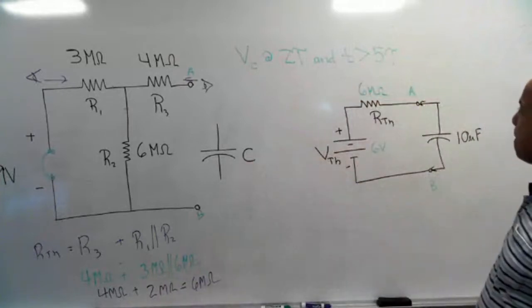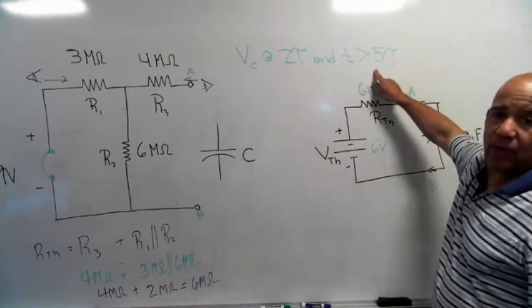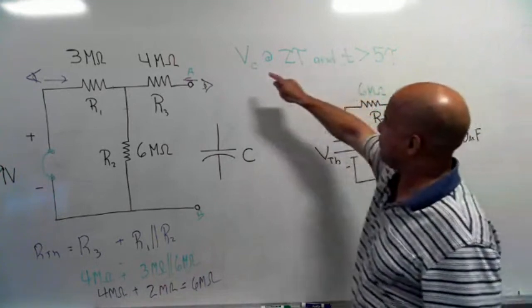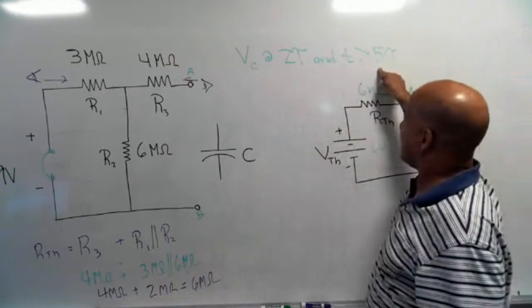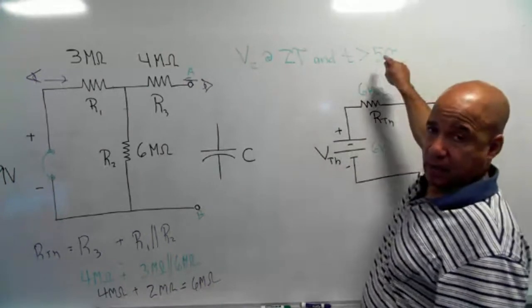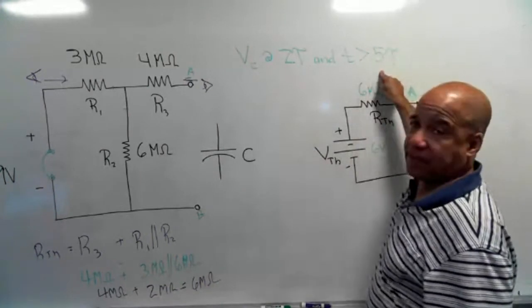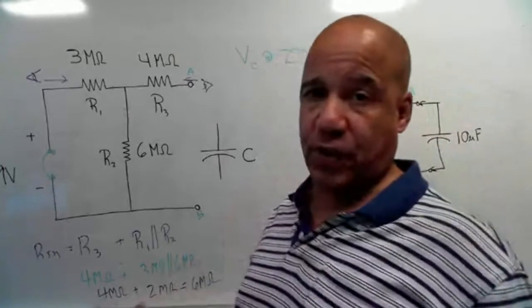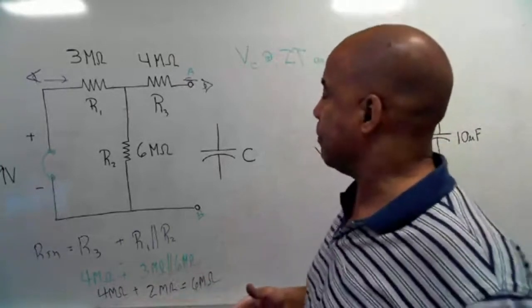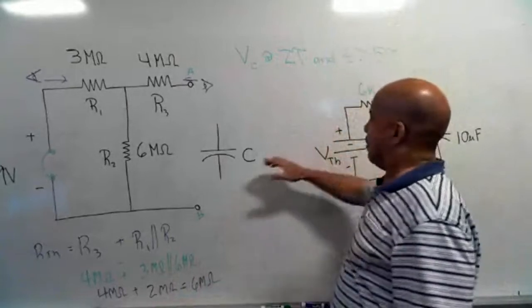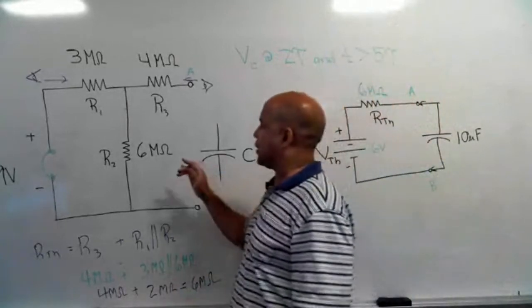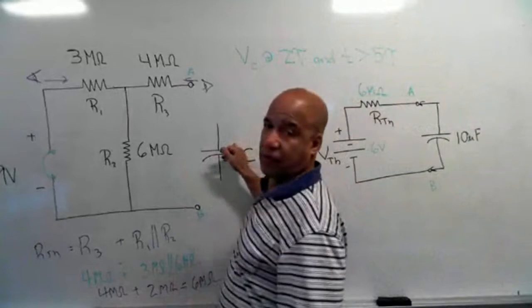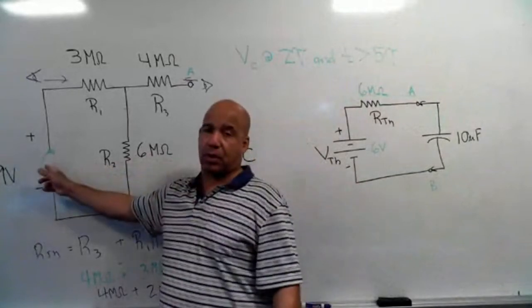Now, we can go ahead and answer this one right away because it says find VC at t greater than 5 tau. You know at t greater than 5 tau that you're in steady state. At that point, the capacitor is fully charged. A lot of students will say, all right, we're at steady state, the capacitor is going to be fully charged, so it's going to reach 9 volts.